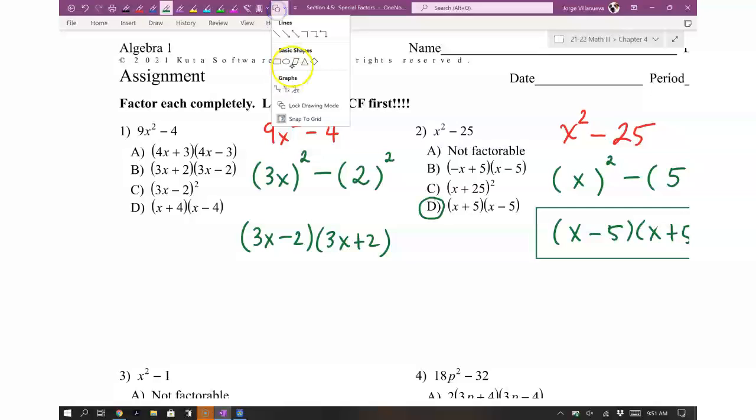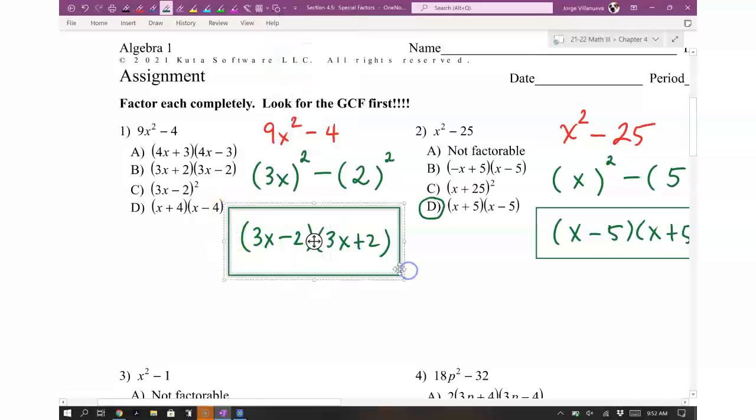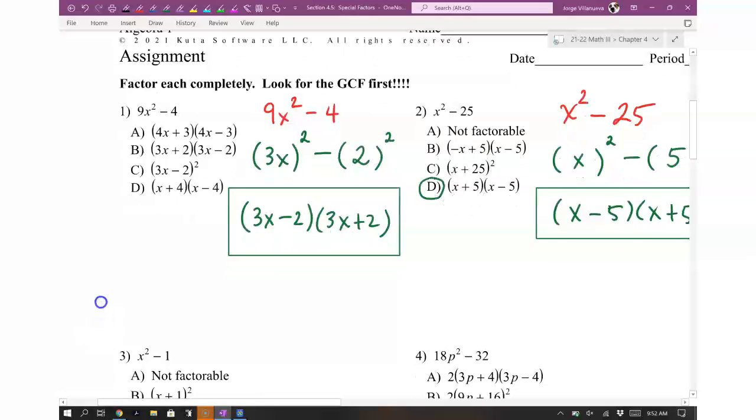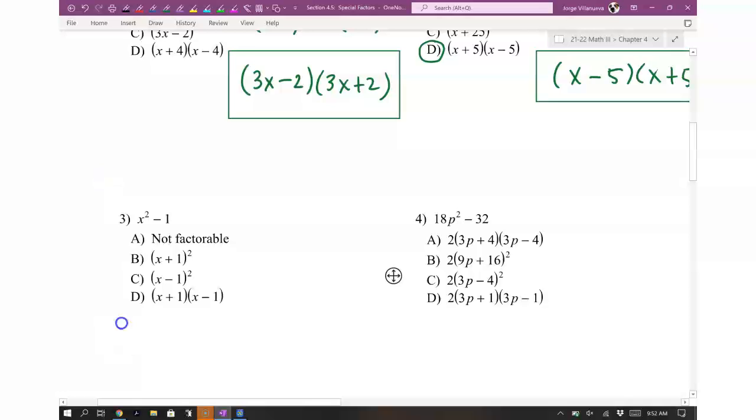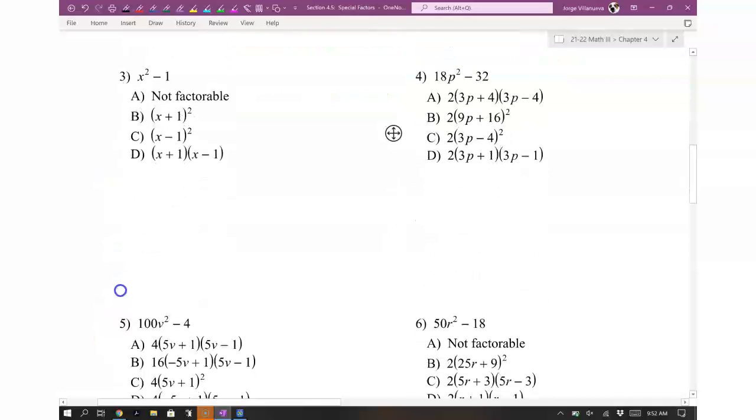Now, how could this become a little bit more difficult? Well, if they have a greatest common factor. So right now I'm going to show you one of those. So we've done an easy one like number 2. A kind of medium one like number 1. Okay. Notice question 3 should be relatively easy. Question 4, right now we're going to talk about something like this.